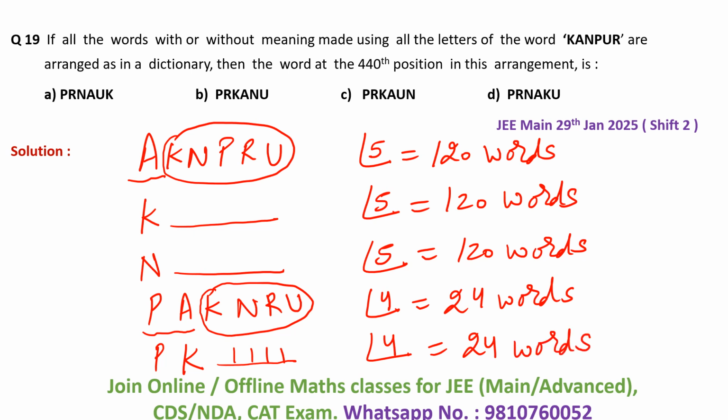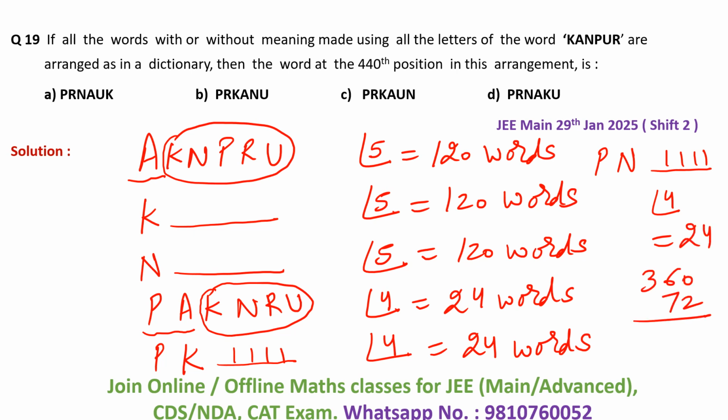After PK, now we will write the words starting with P, and the second letter of the words is going to be N. Again, the last four letters you have to permute. So till now you have written 360 plus 72. This adds up to 432.